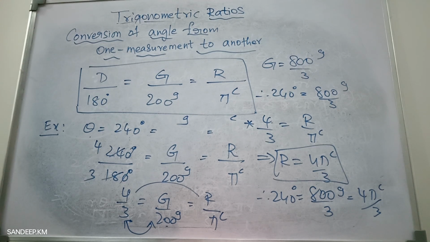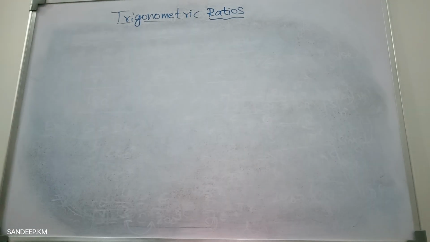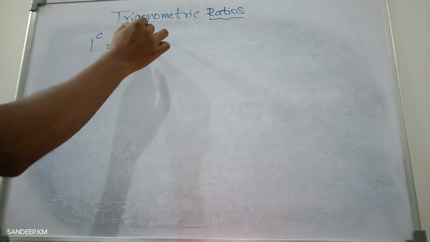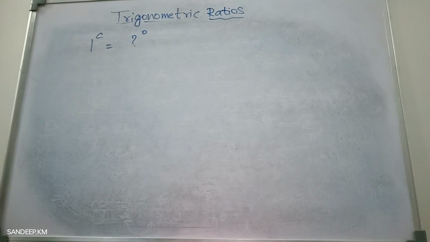Next, sometimes they will ask us what is 1 radian in degrees and what is 1 degree in radians. This is an important concept, something that you have to remember. So they will ask us what is 1 radian in degrees, that is, 1 radian is how many degrees.